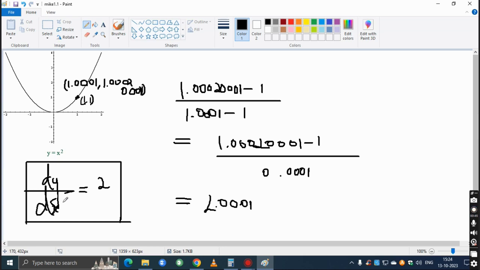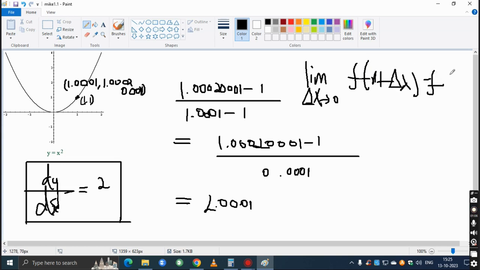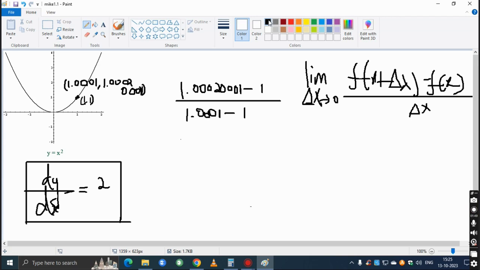Now, is there any other way that we can get to this result without having to go through all of this? Well, there is. We had just derived a formula, limit delta x tending to 0, f of x plus delta x minus f of x all over delta x. How do we apply that formula over here? Let's see.